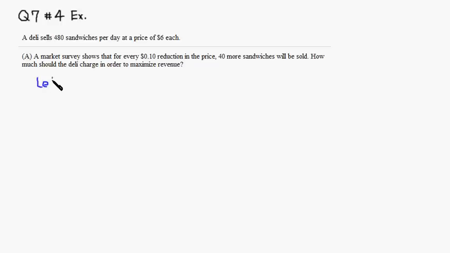First, we need some variable, so I'm going to use x. Let x be the number of 10-cent price reductions.